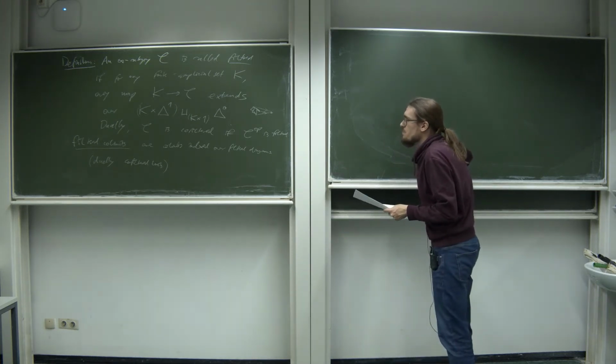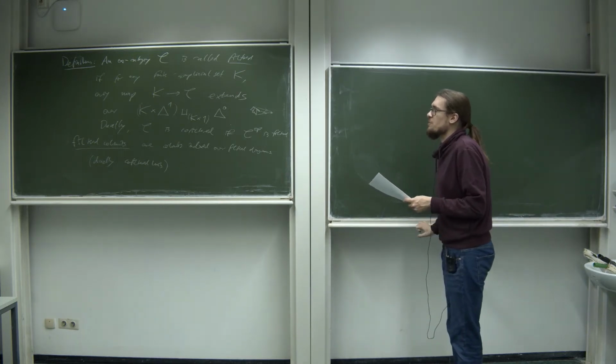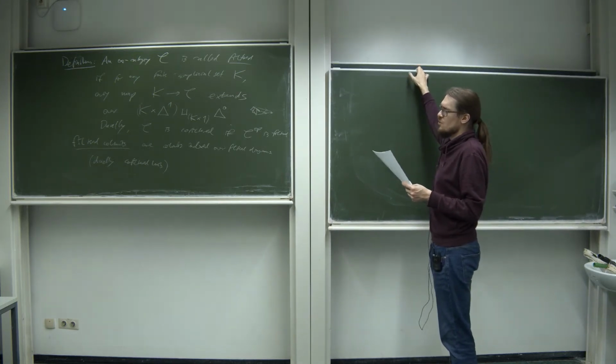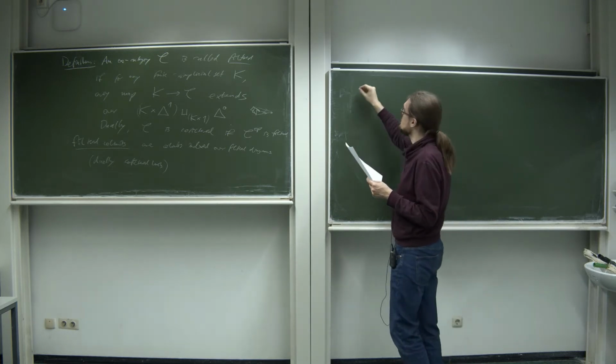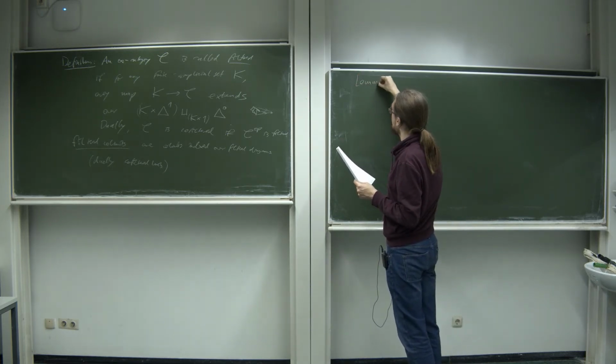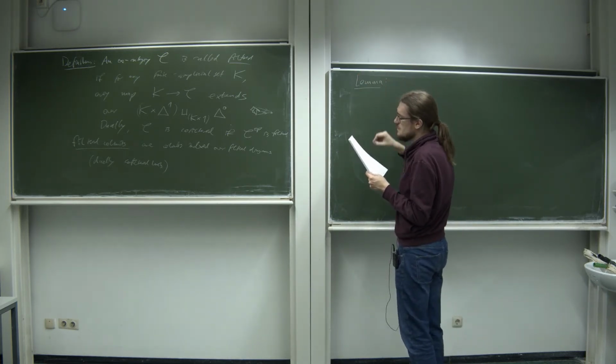So this is a weaker condition than asking for colimits. And the crucial property of filtered colimits is the following fact.